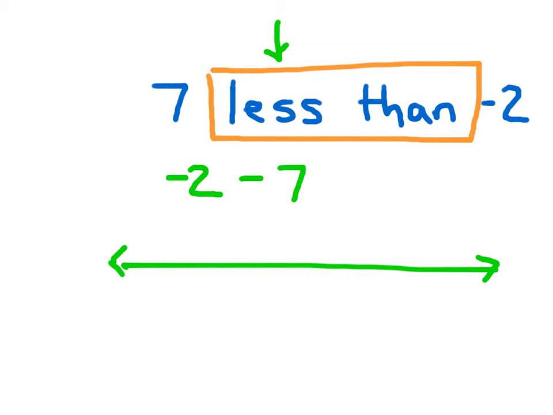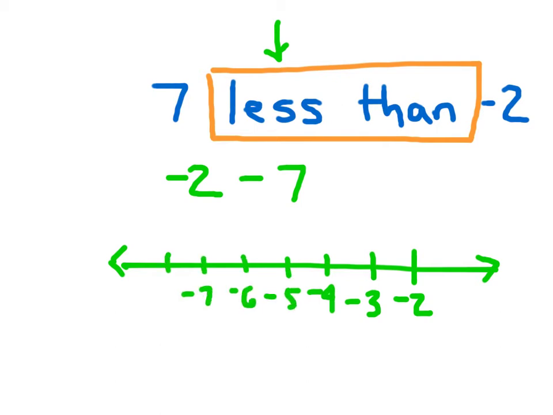So in this case, I'll put the -2 over here, since we're going to go to the left on our number line. As we continue to go to the left, the numbers will get more negative. This is how it looks: -2, -3, -4, -5, -6, -7, -8, -9, and it would go on from there.